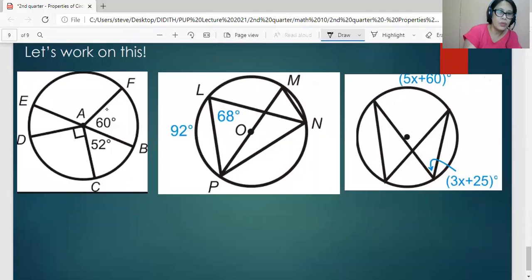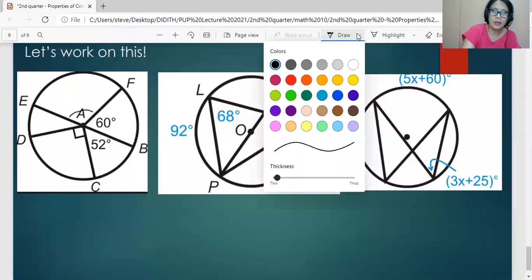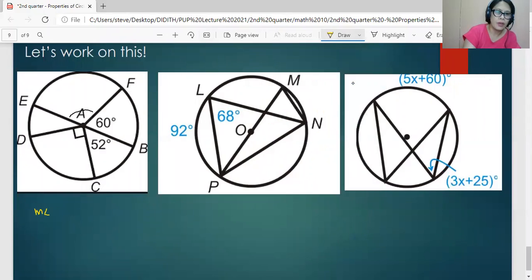So, how do we work on the measure of angle A? So, measure of angle A here is equal to 180 less 60. Because the two angles here are supplementary or they're linear. So measure of angle A must be 120.